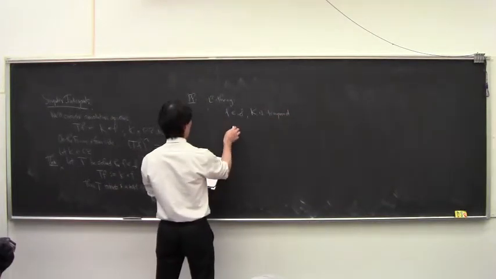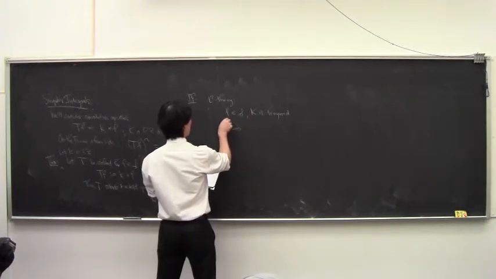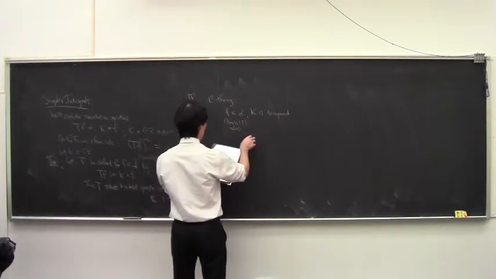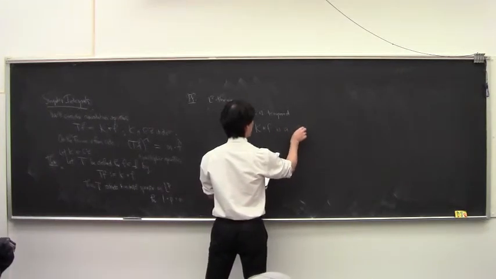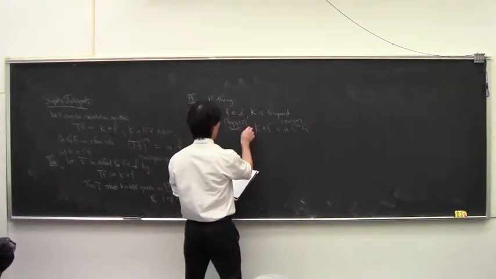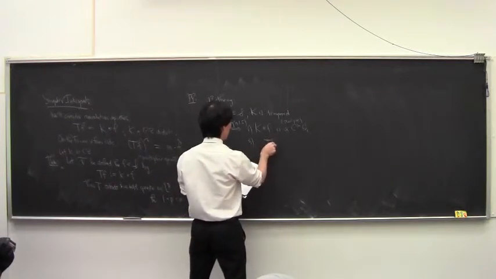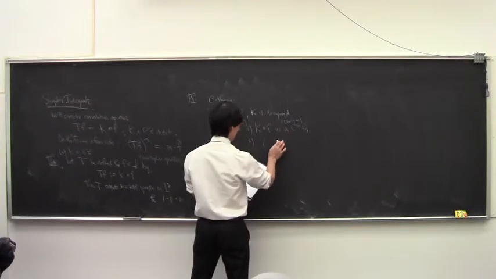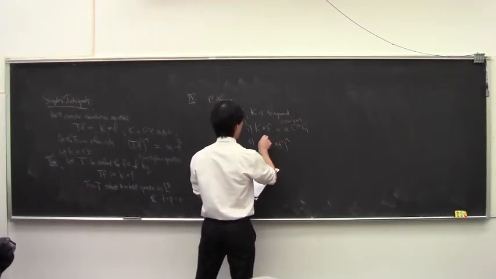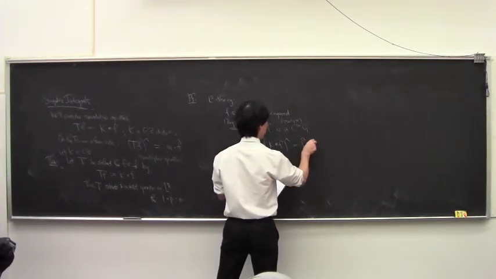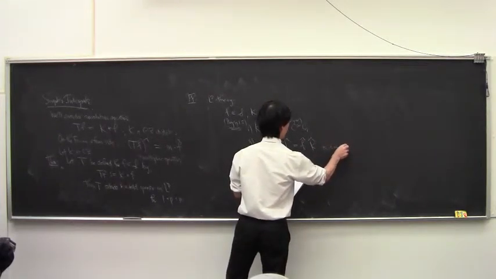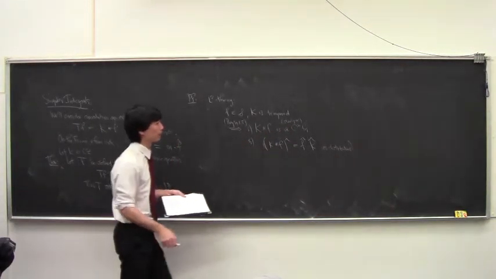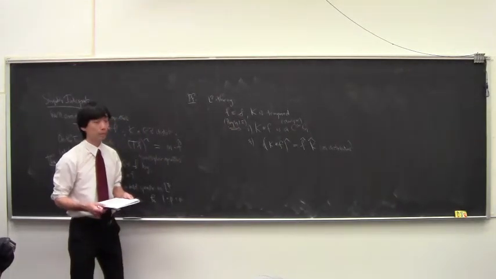So we had this theorem from before, proposition 1.5: K convolved with f is a slowly increasing C infinity function, and the Fourier transform of K convolved with f equals f hat K hat, as distributions. So this was the proposition we had before.